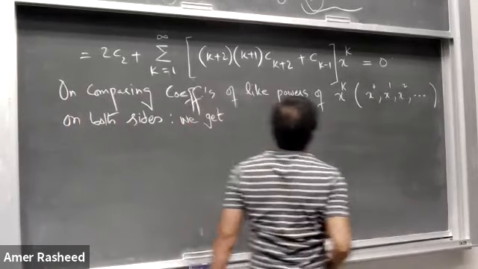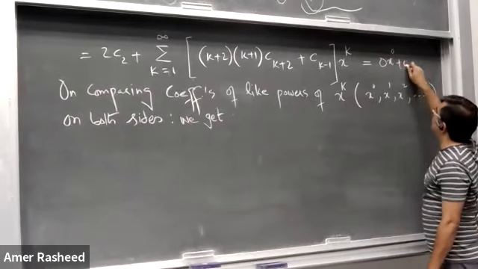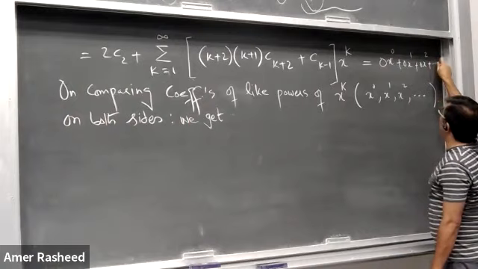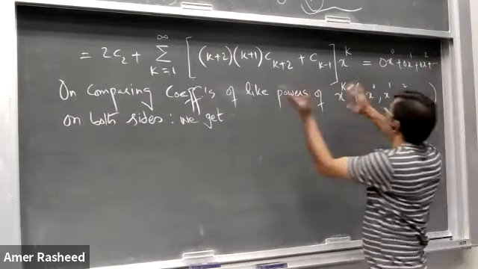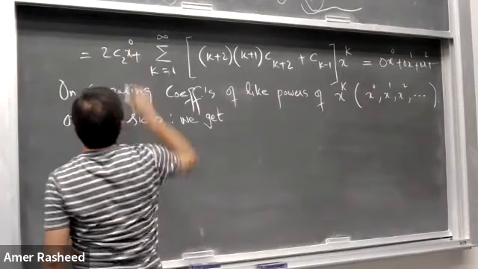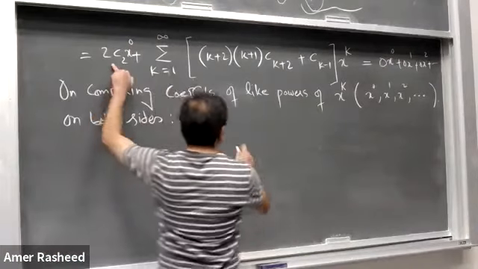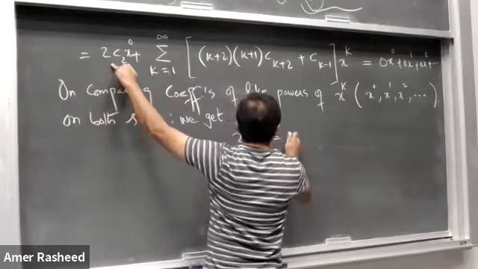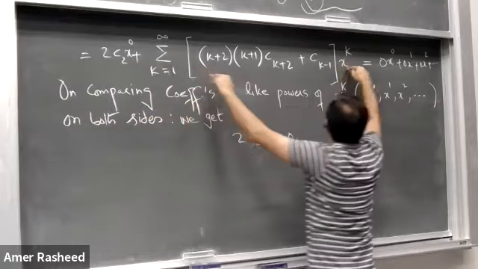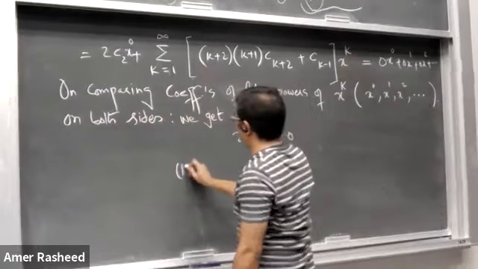In fact, what is on the right hand side? 0 x power 0, 0 x power 1, 0 x power 2, plus so on. You are comparing coefficients on both sides. Here you have x power 0. The coefficient of x power 0 is 2 C2, which is equal to 0, and all the powers of x, in fact, also have coefficient 0.